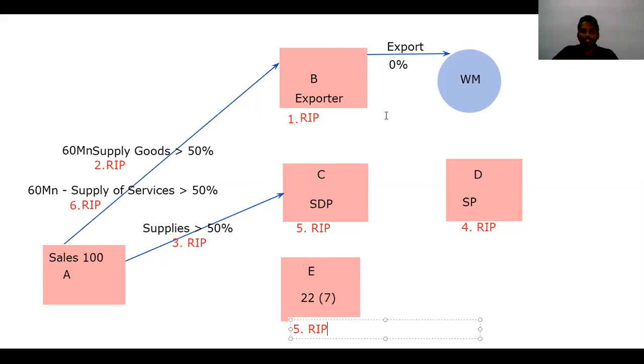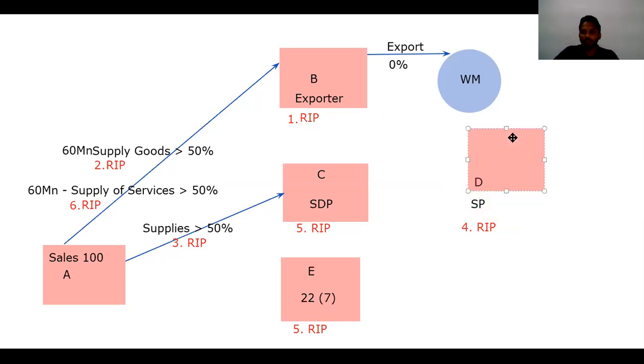Then the last one: any person who supplies more than 50% to any one of these is also eligible to register as a RIP. Let me explain. Let's park it here.